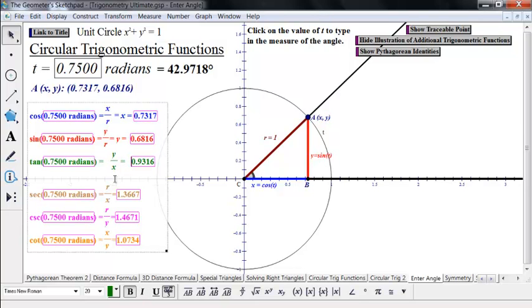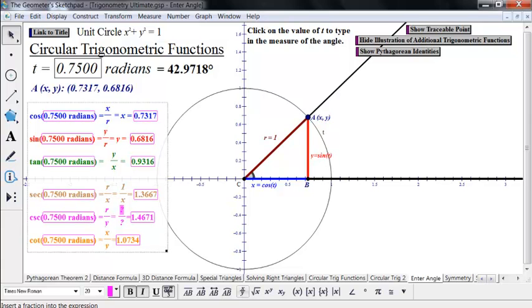Secant is r over x, but in this case r is 1 again, so this turns out to be just 1 over x if we're looking at the unit circle. If we did a circle in general, we'd have to be sure to put the r in our formula to make sure we have it computed correctly.